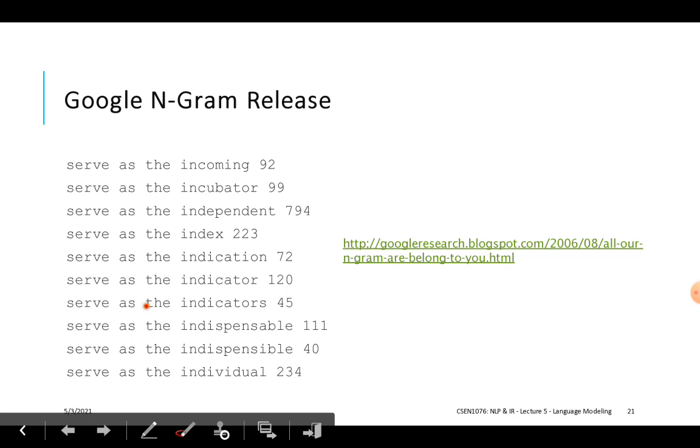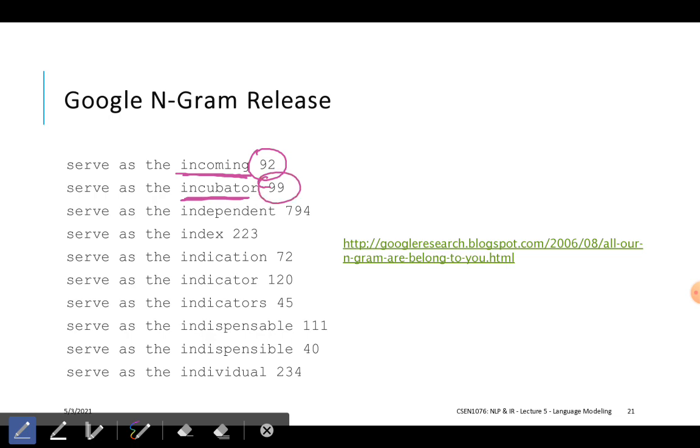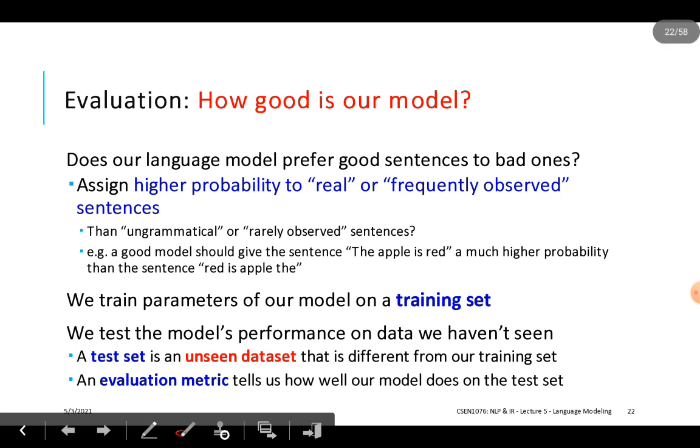It's a data set and an Ngram released all together. You can access those through this link, and you will find that it can be read as this: serve as the incoming, so the count of this is 92 times. Serve as the incubator is counted as 99 times, and so on. You can check this on your own if you want more information about this.